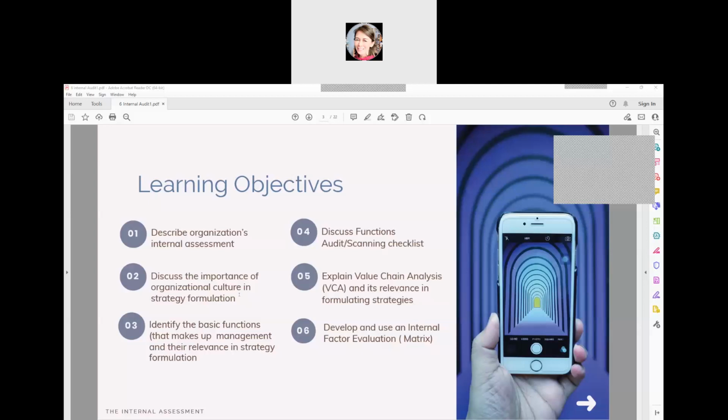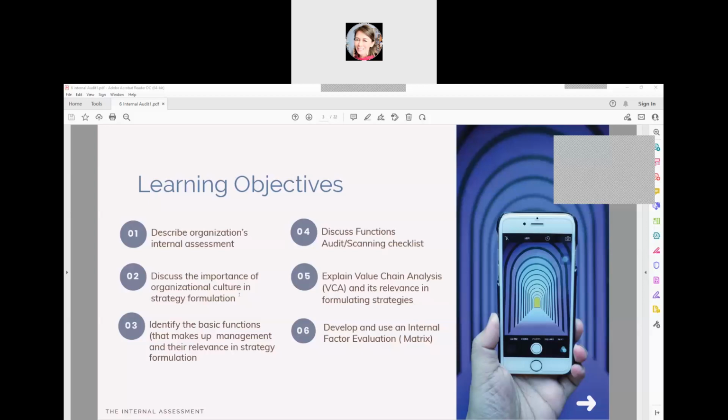Every organization is different, as I have mentioned before. A certain organization would have its own internal assessment and its own organizational culture, therefore its strategy would be different. Some would adopt a different methodology in analyzing their internal or external capabilities in formulating strategies.